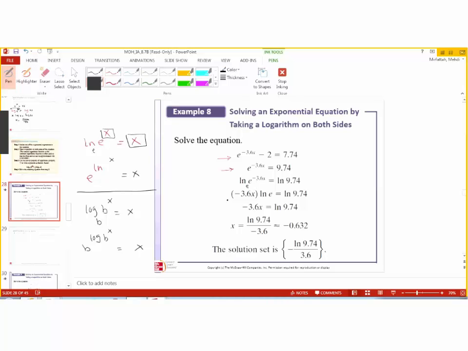So I take a natural log of both sides because the base here is e.